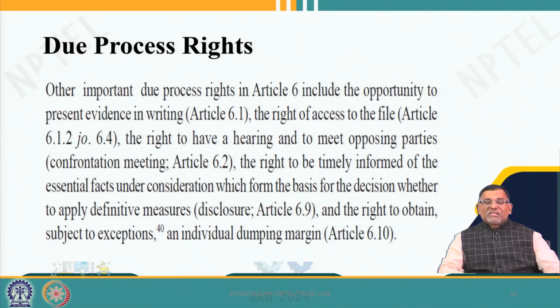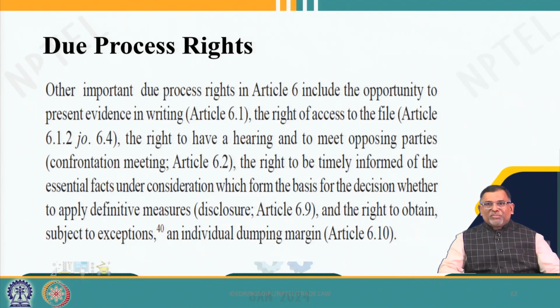And what are the due process rights? Due process rights of the respondents. Article 6 talks about very important due process rights. The respondent as well as the complainant must be given an opportunity to present evidence in writing, and the respondent must have access to the files.